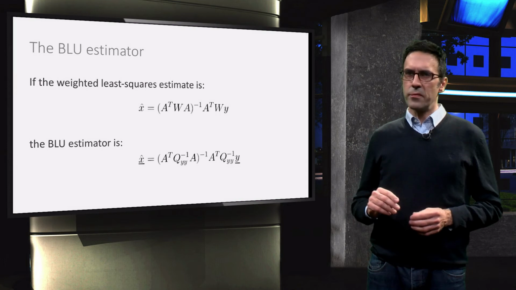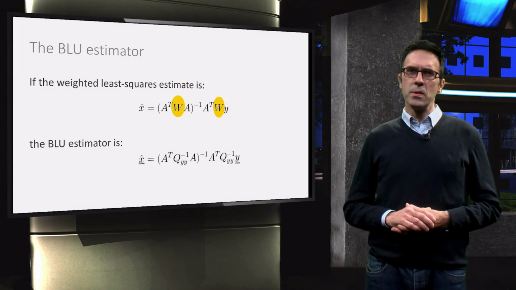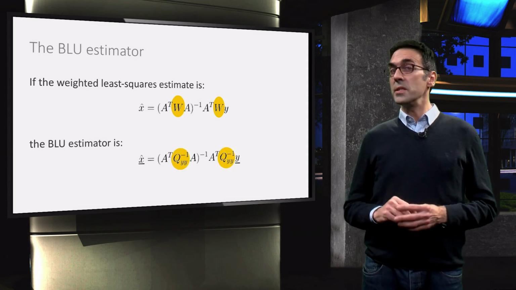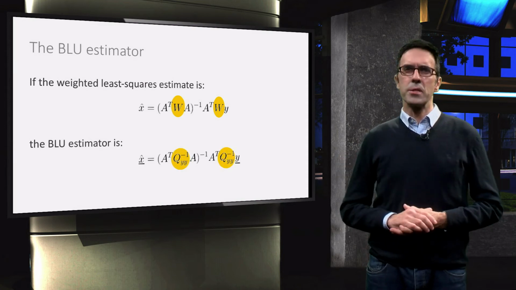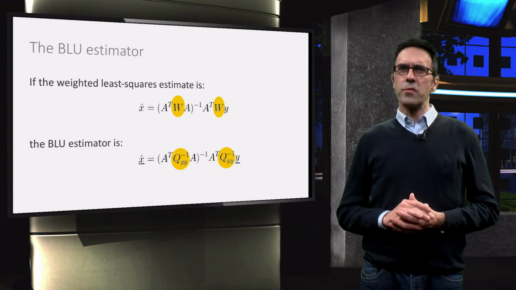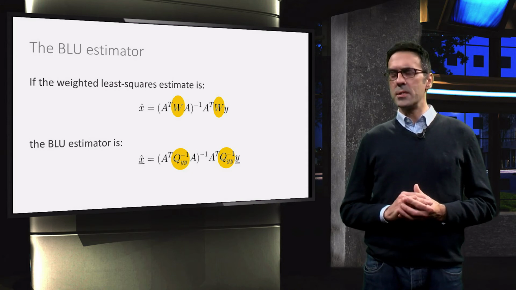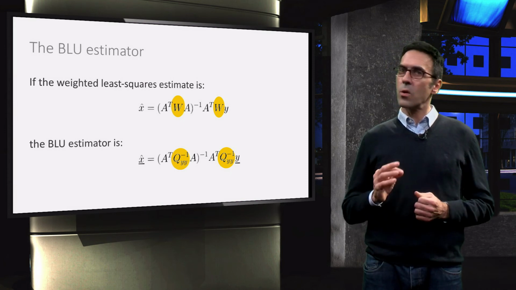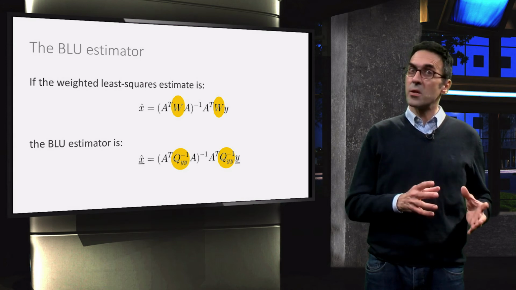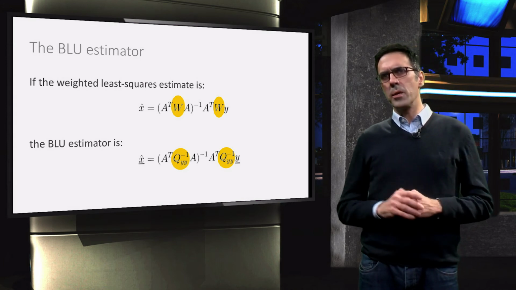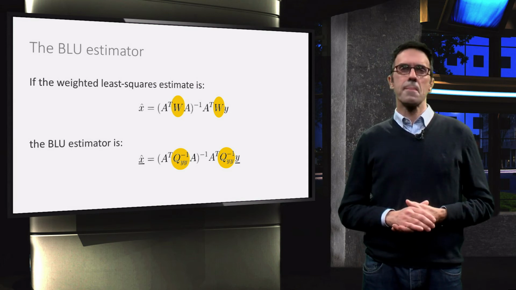First, instead of an arbitrary weight matrix W, BLUE uses one specific weight matrix, which is the inverse of the covariance matrix Qy. Remember that the covariance matrix holds information on the quality of the observations. And this makes sense, since we want to make sure that high-quality observations have a greater weight in the final estimate. And similarly, low-quality observations should have a lower weight.